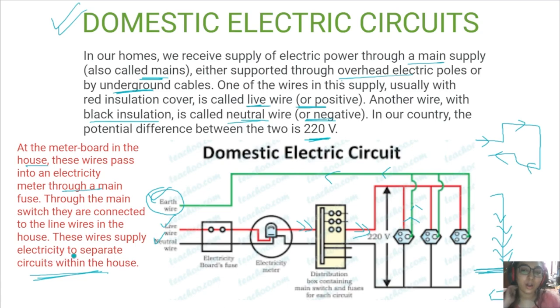So here, what's happening is that after the mains, they go to our houses and there's a meter board in our house from where the segregation happens, so that a parallel circuit is produced and every appliance gets its own current supply.